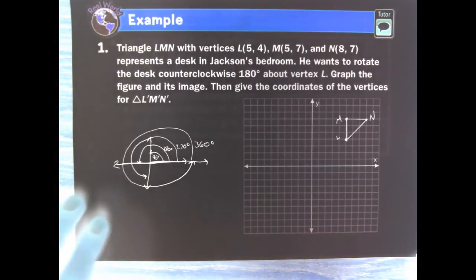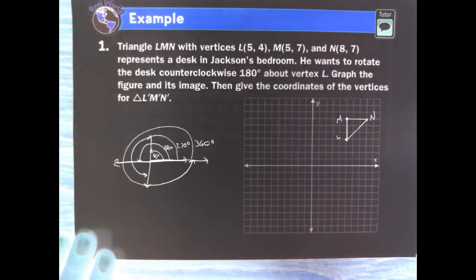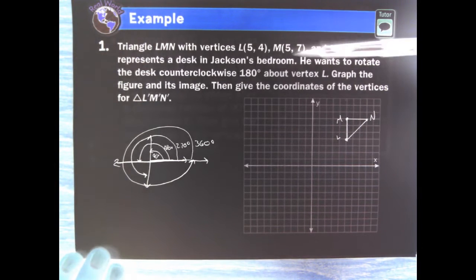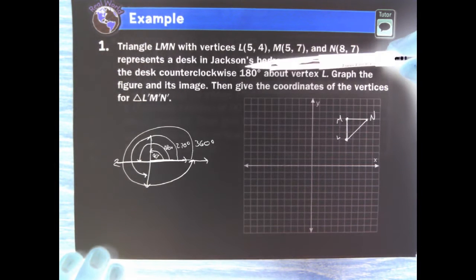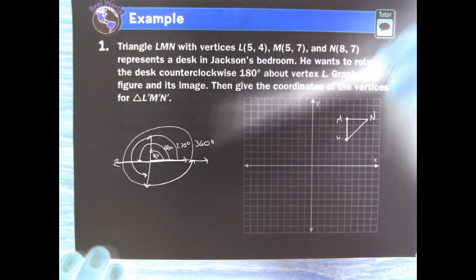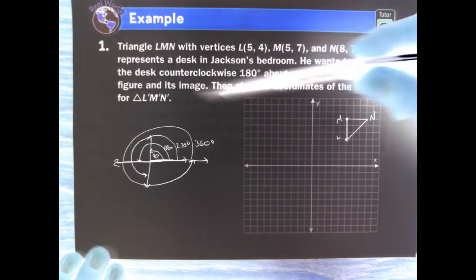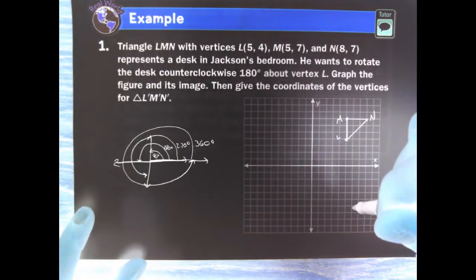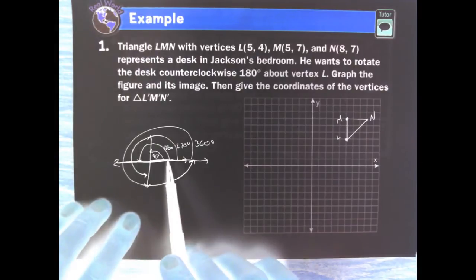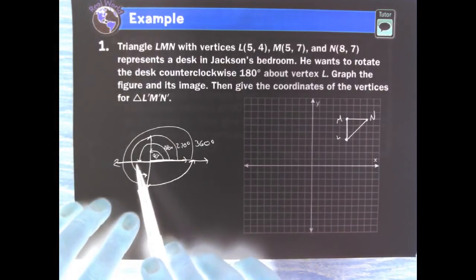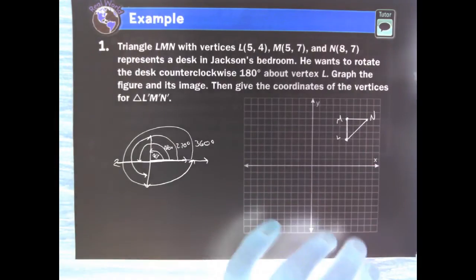All right. So now, if I want to rotate the figure 180 degrees counterclockwise about vertex L, so I'm going to be moving to the left 180 degrees. So 180 degrees is a half of a turn. Okay?